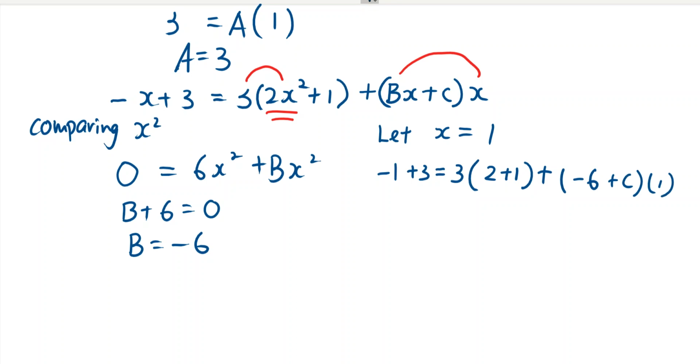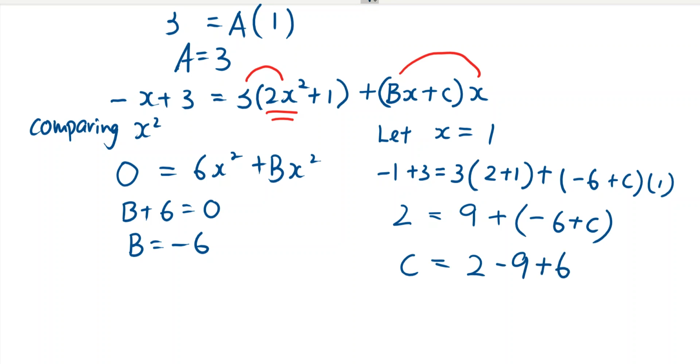Bracket 1 here, because I sub x equals to 1 on both my left hand side and right hand side. So I will have 2 equals 9 minus 6 plus c, which means my c is equal to 2 minus 9 plus 6, which is equal to negative 1.